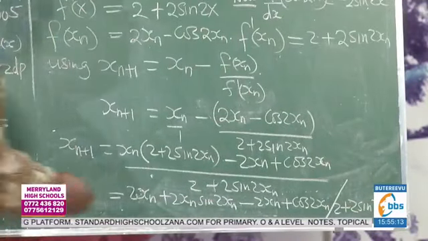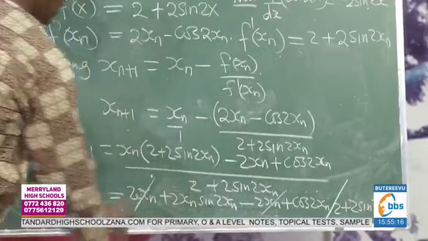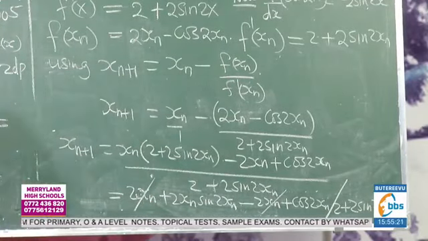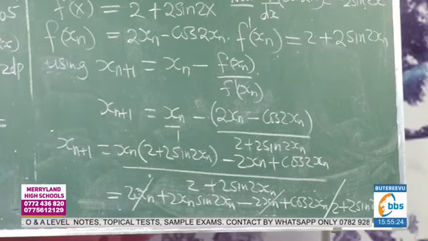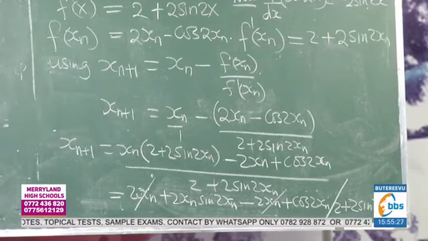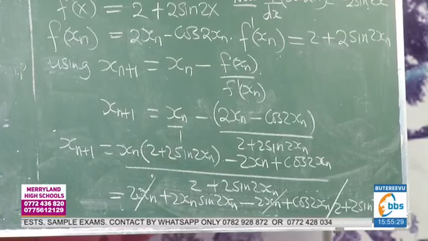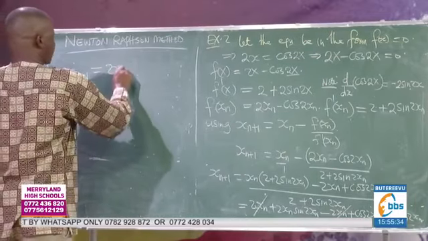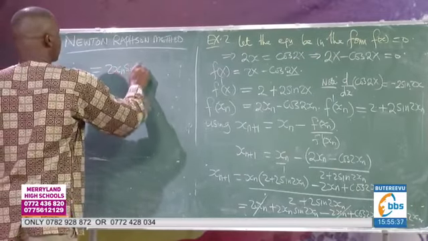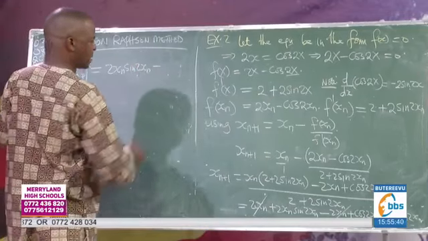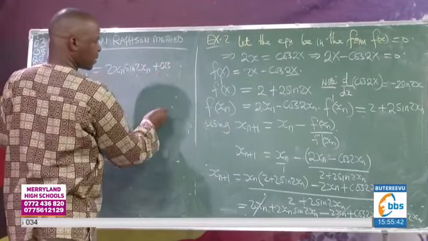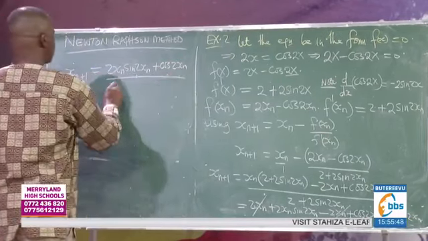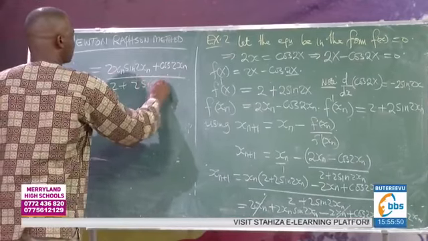If you look at this, this term will cancel, and when it cancels, we shall finally stay with the expression which I can write here as we wind up our lesson, that our xn plus 1 will become 2xn sine of 2xn plus the cos of 2xn, all over 2 plus 2 sine of 2xn.